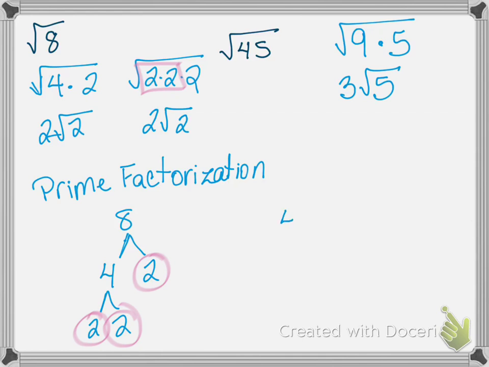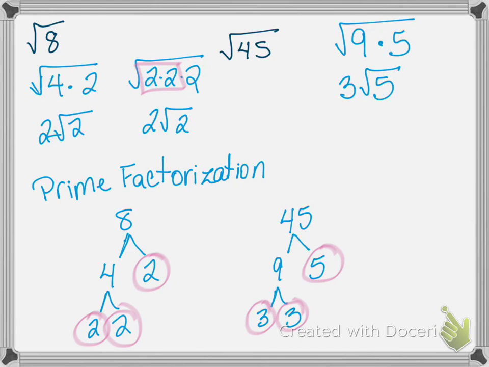What you do then is you do your prime factorization. So I have 45, that's 9 times 5. Square root, and then we've got 3 times 3. So my prime factorization is 3 times 3 times 5. Prime factorization means that you are breaking a number down to the smallest numbers that you can. 3 does not break down any further. It's 1 times 3. That's it.